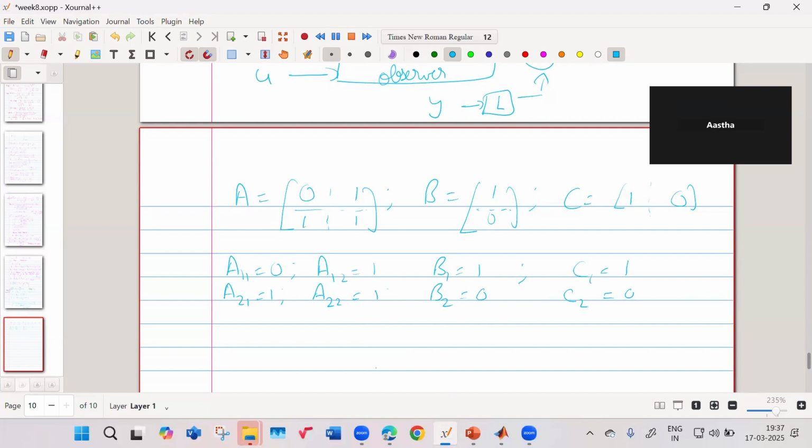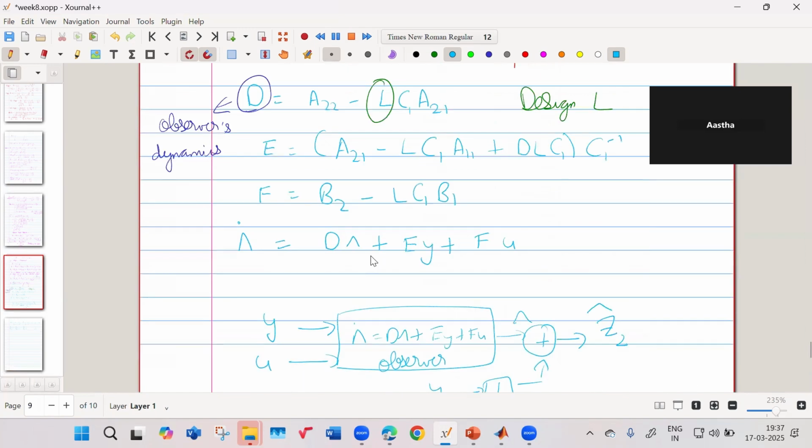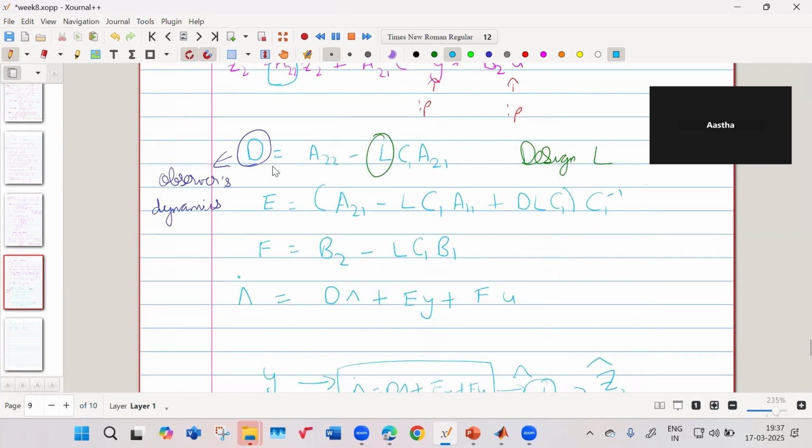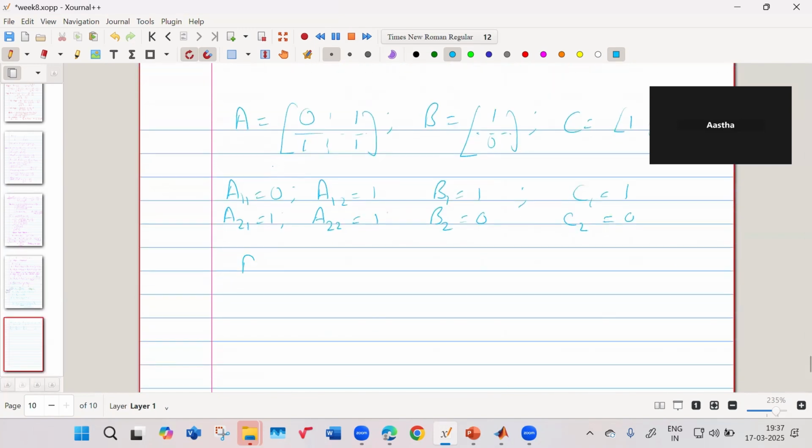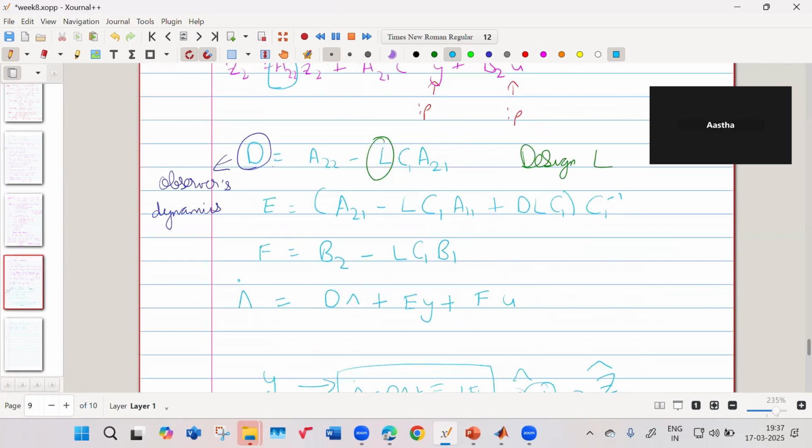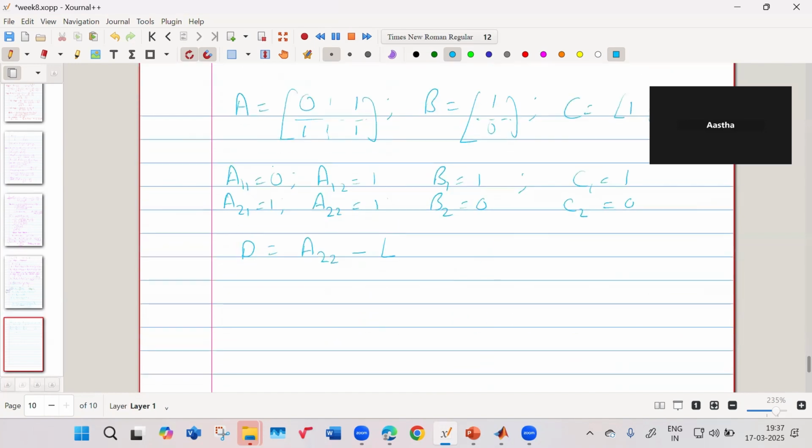So what did we see? We have to get this D. Our D is equal to A22 minus L C1 into A21.